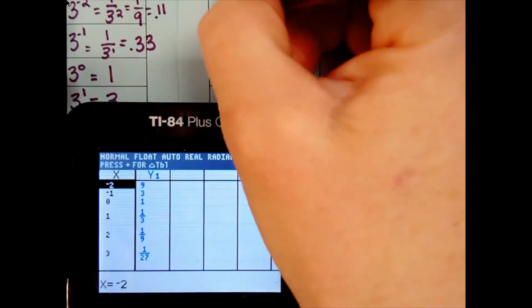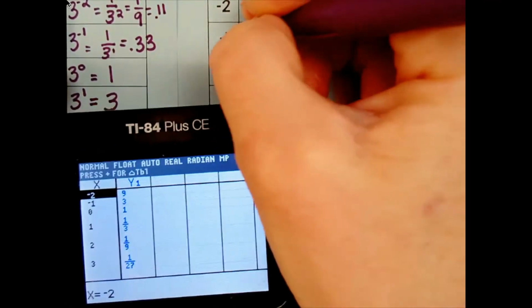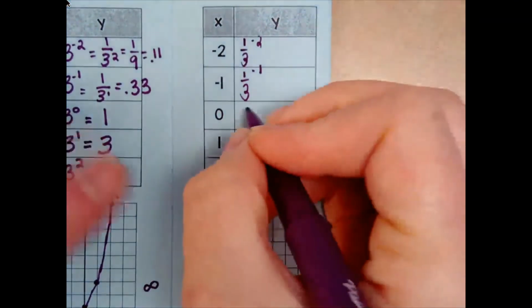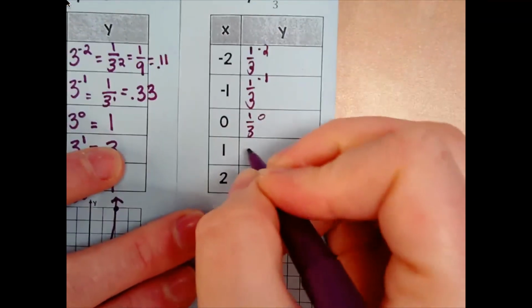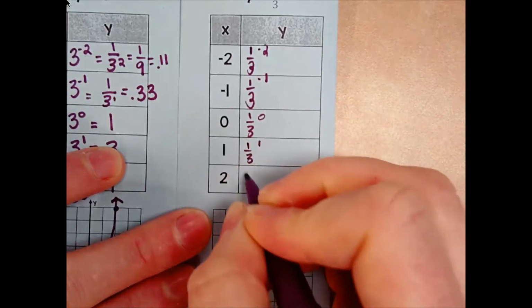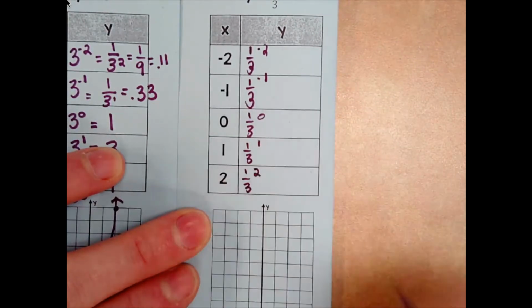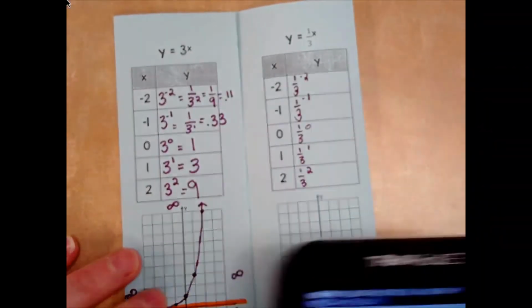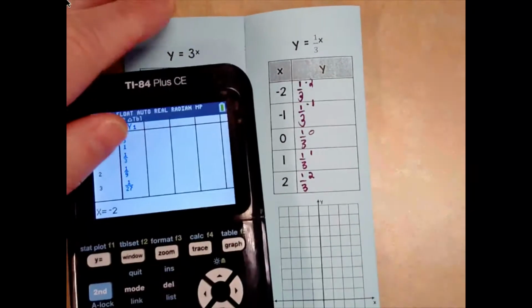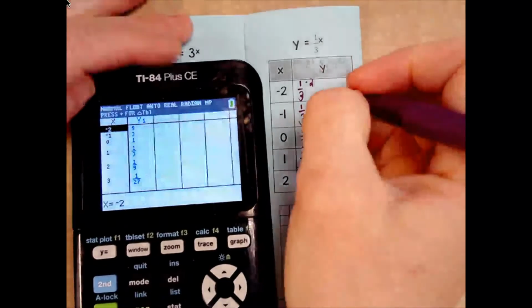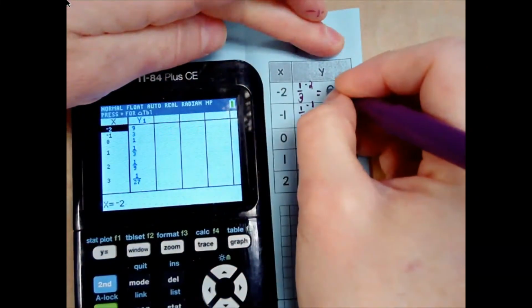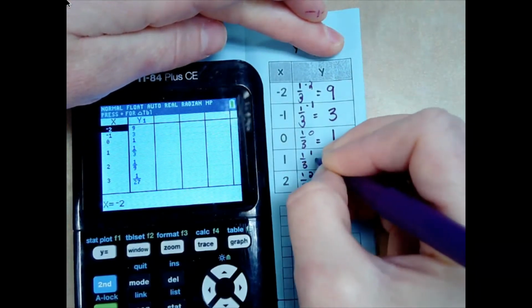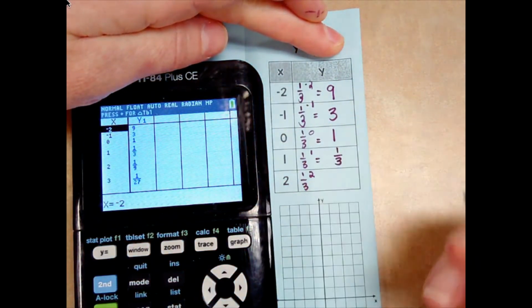Yeah, it would be 1/3 to the -2, 1/3 to the -1, 1/3 to the 0, 1/3 to the first, 1/3 to the second. This would be 9, 3, 1, 1/3, 1/9.